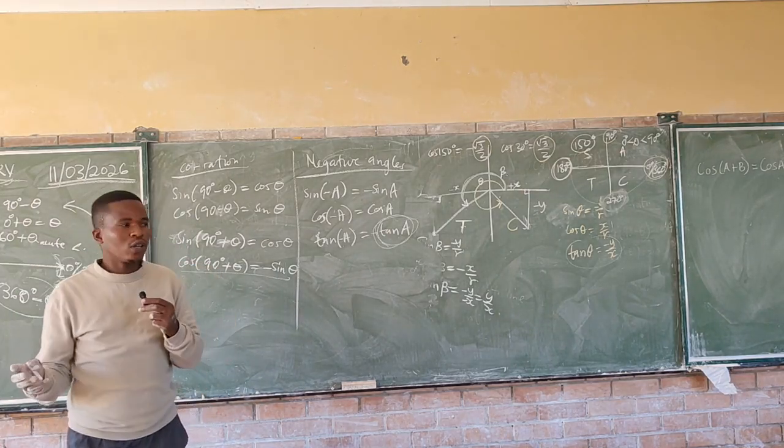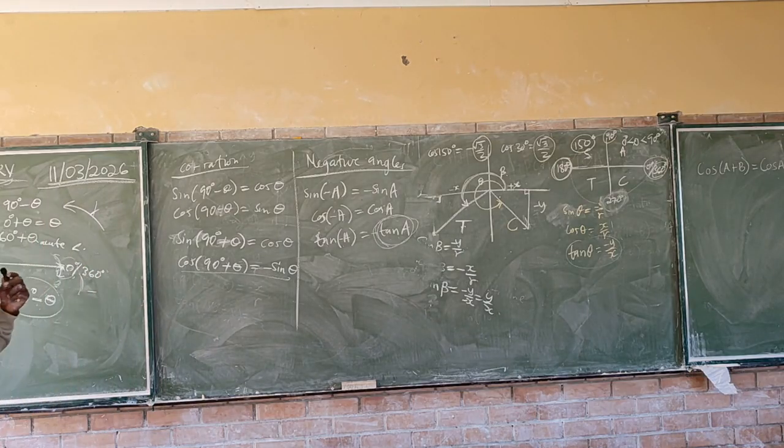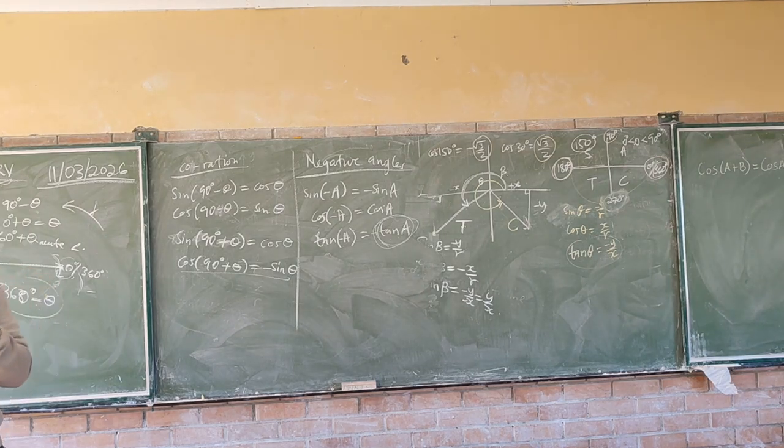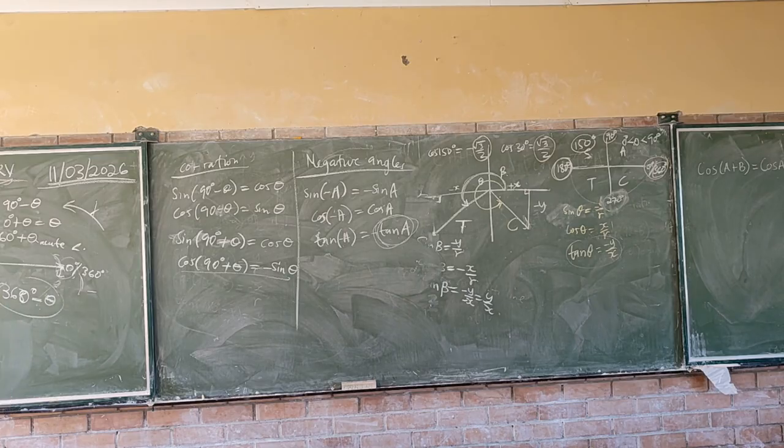So then you remind me of something. I forgot to mention it, but it's what we're going through now. Now look at your diagram where I said sine is positive in which quadrant, negative in which quadrant.